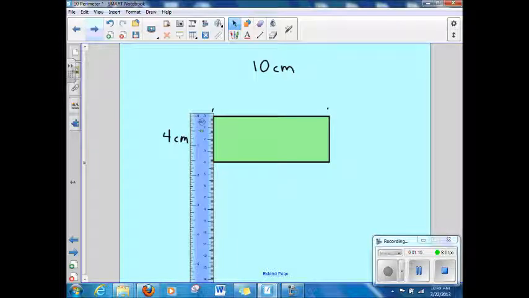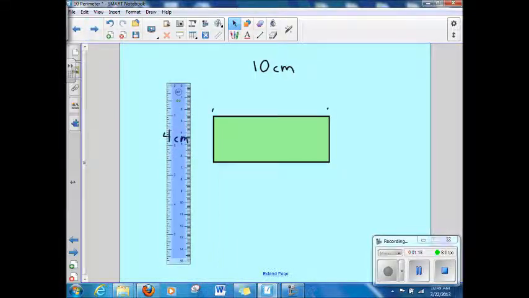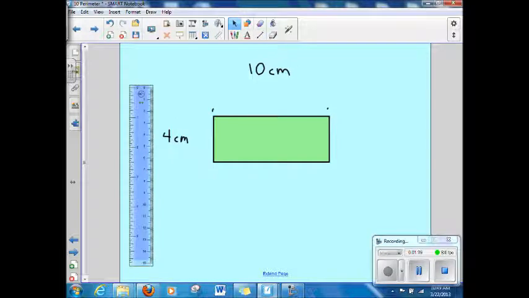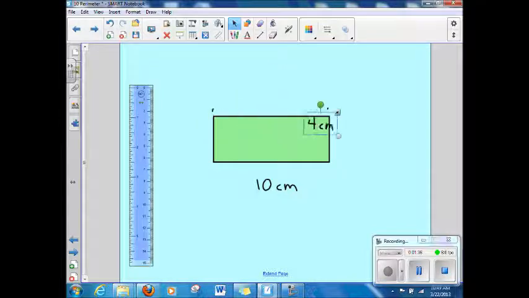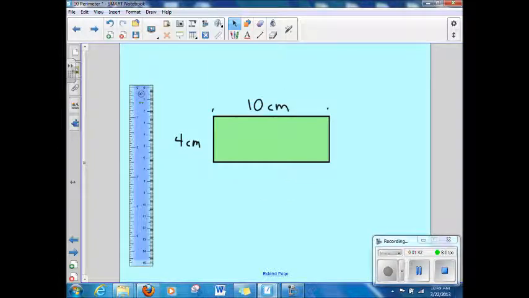And because I know this is a rectangle, this is also 10 centimeters on the other side. If it's 4 centimeters on this side, it's also 4 centimeters on that side. Let me rewrite that down here: 10 centimeters on this side and 4 centimeters on that side.